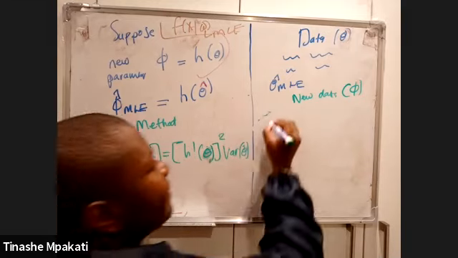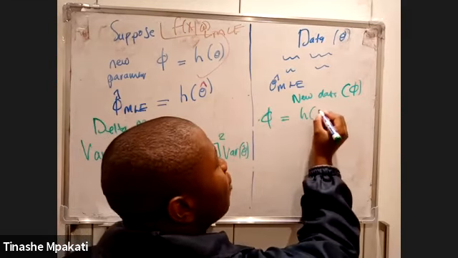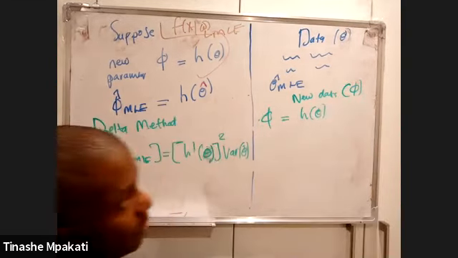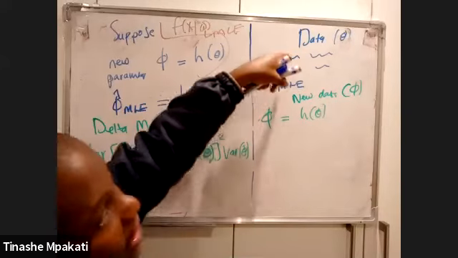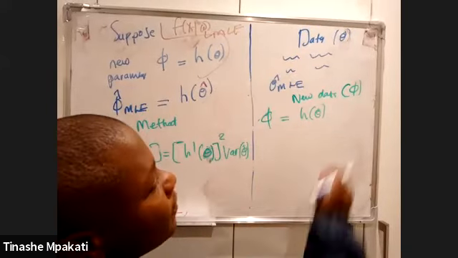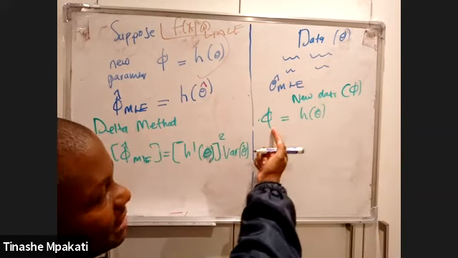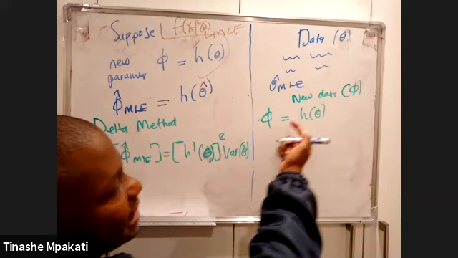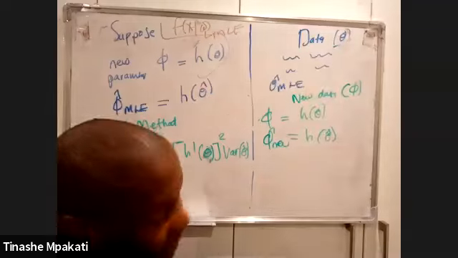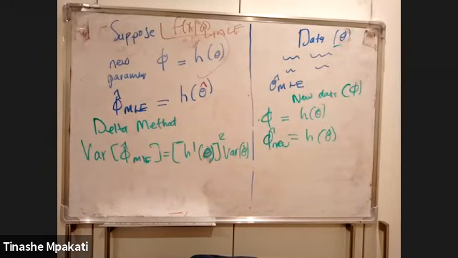But you find that this phi is simply in terms of the parameter that you were dealing with. So instead of redoing all the calculations, if you've got new data and its parameter of interest is in terms of the parameter of interest of the data you've been dealing with, you can simply find the MLE of the new parameter by plugging in the theta hat you should have gotten for your previous data.